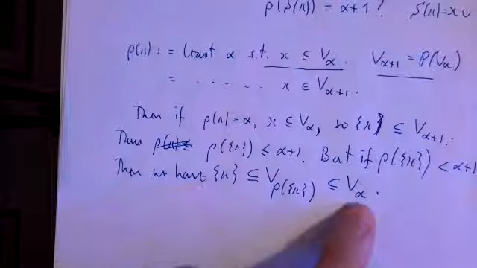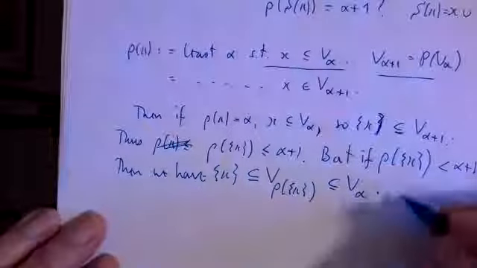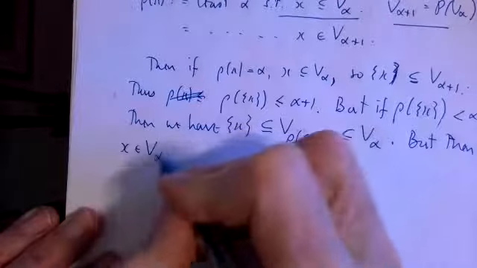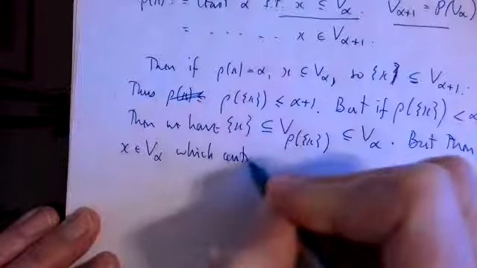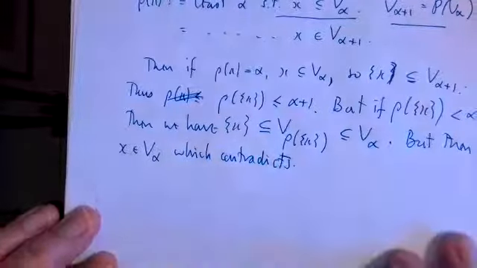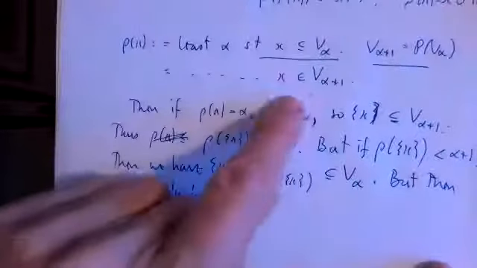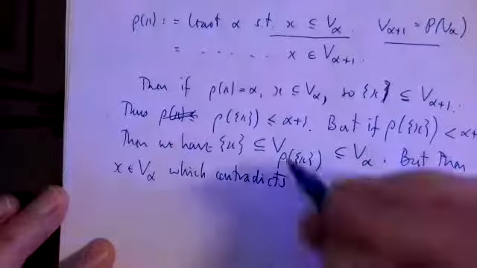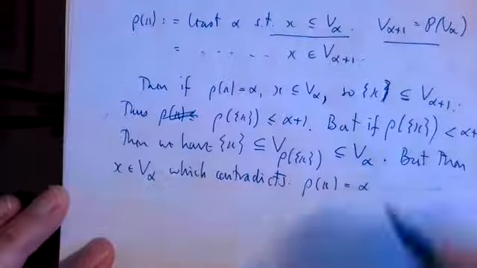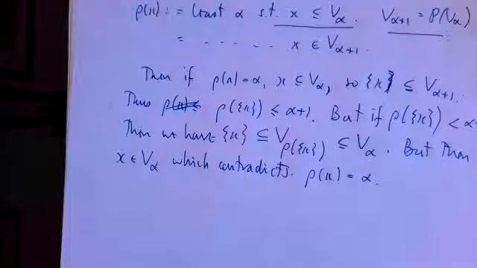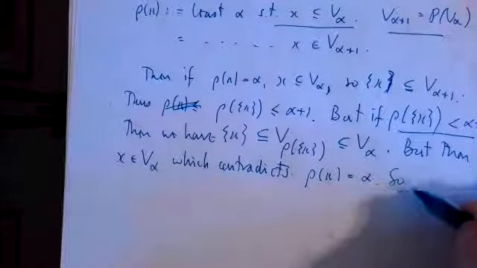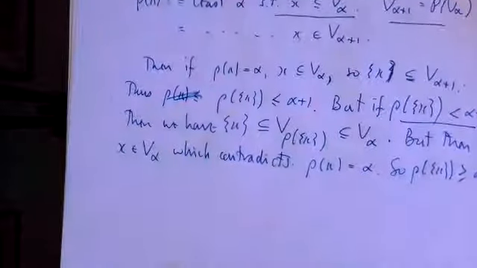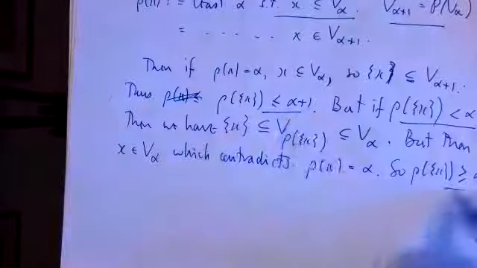But then I'd have X as a member of V alpha, which contradicts that alpha plus 1 is the least where X is a member of V alpha plus 1. So this doesn't occur. So we have it's both less than or equal and greater than or equal.